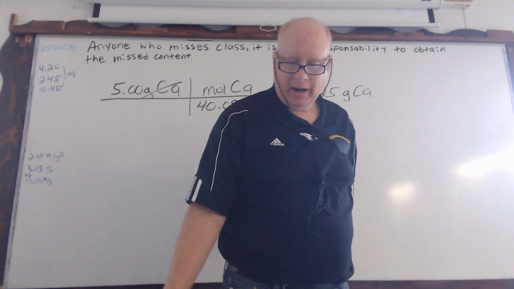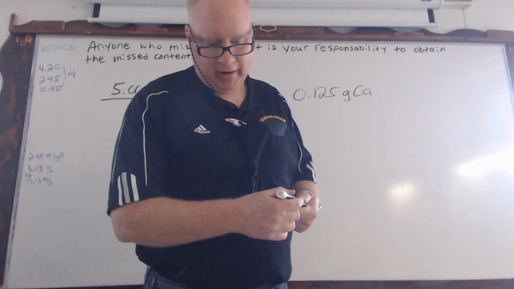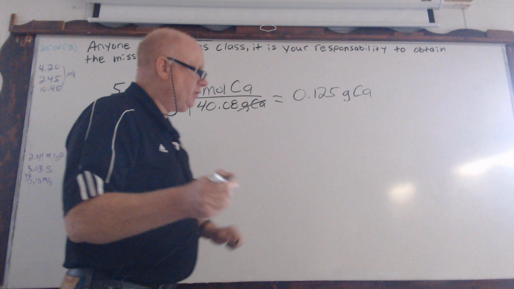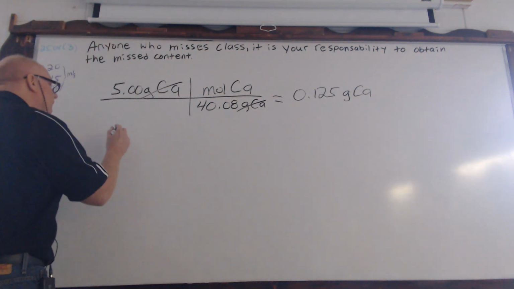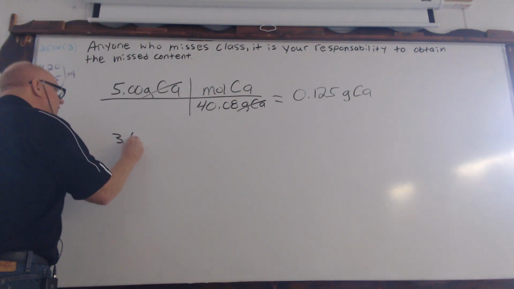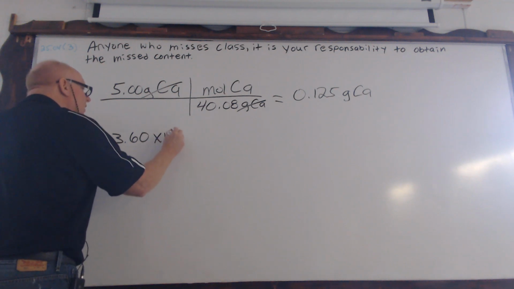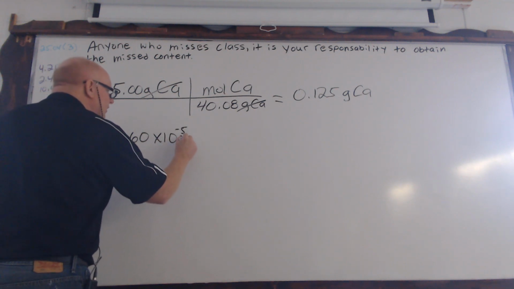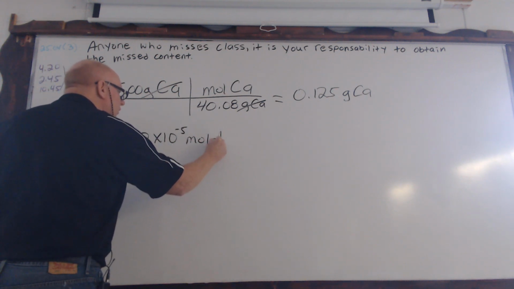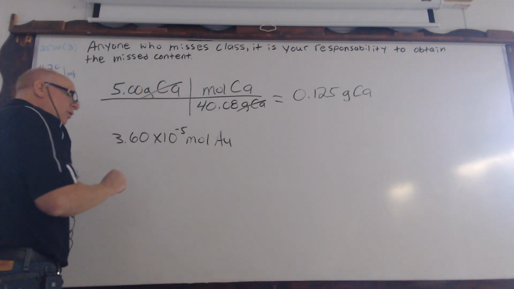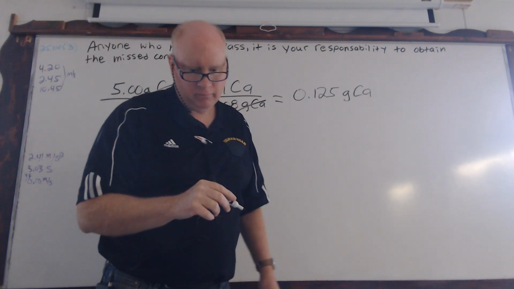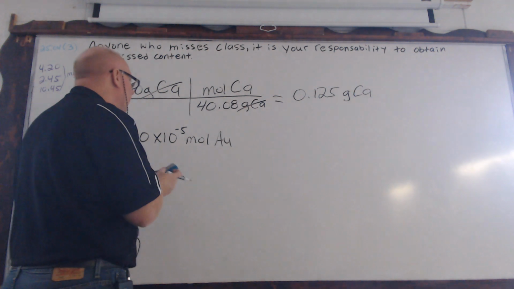Yeah, so you have 4 zeros in front of that 5. So we're going to do scientific notation though. 3.60 times 10 to the negative 5th, and this is grams of gold. We've got grams of gold. Okay?